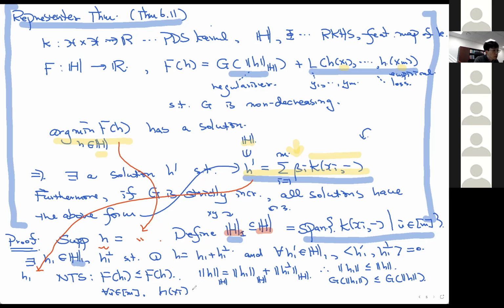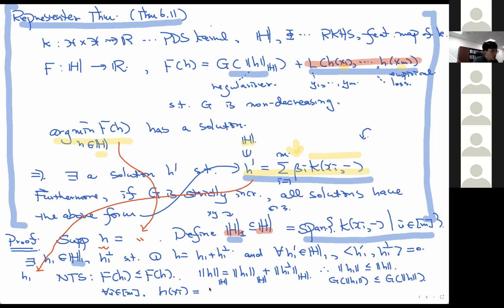If h of xi is the same as h1 of xi, then we are done, because the loss that we are using only uses information about how h behaves with respect to x1 up to xm. If h and h1 behave exactly the same for all those inputs, then we will get exactly the same loss. It turns out that is the case because of the reproducing property.